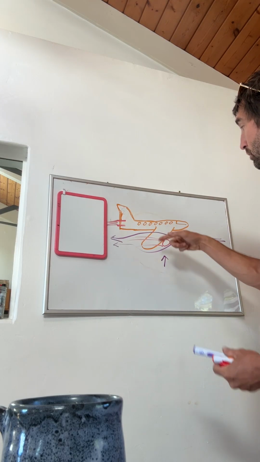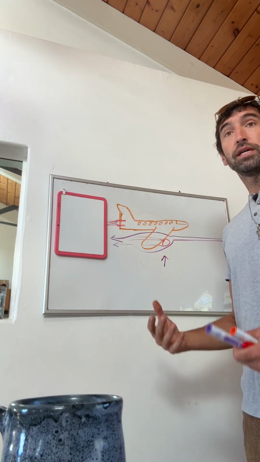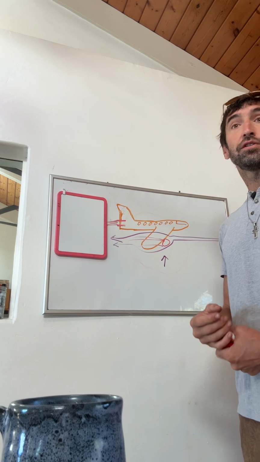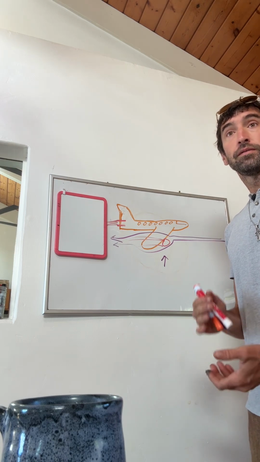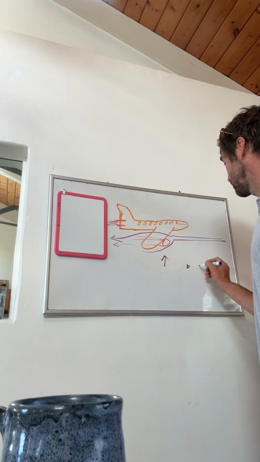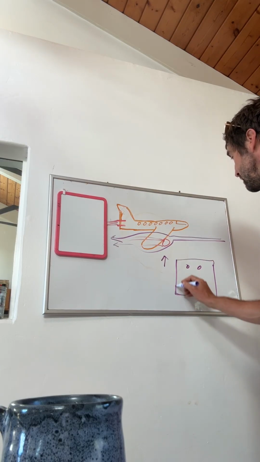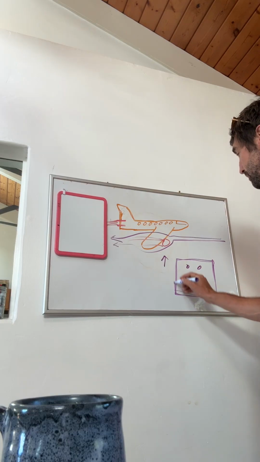So the wings hit the air, and that makes the density of that medium so dense that the airplane actually starts to float. You might not know what density means? Density is like how much of something there is in a reference frame, we'll call it.